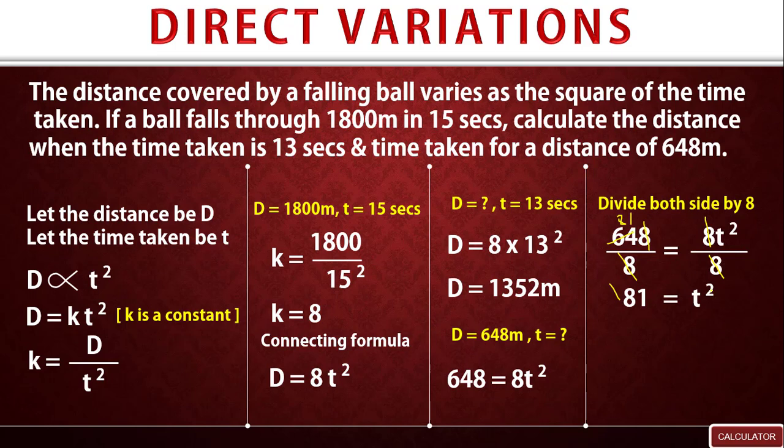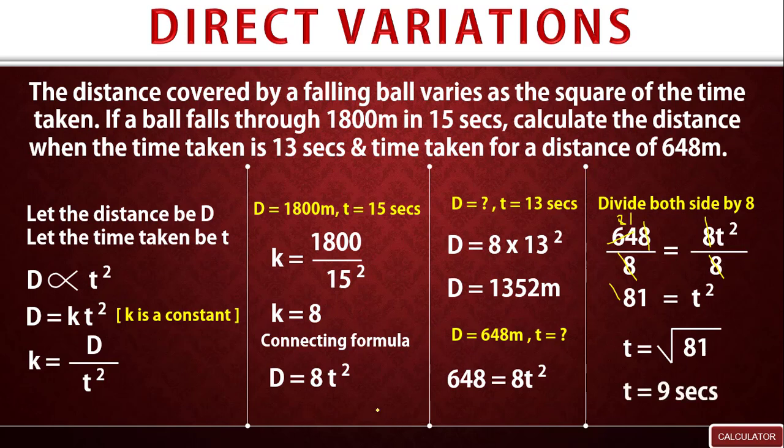In order to remove this square, all we need to do is to square root both sides, and that square root will cancel out the square on t, and we have only the square root of 81 on the left. So we have t equals square root of 81. What is the square root of 81? Which two numbers multiply to give us 81? That is 9. So our t is 9 seconds.